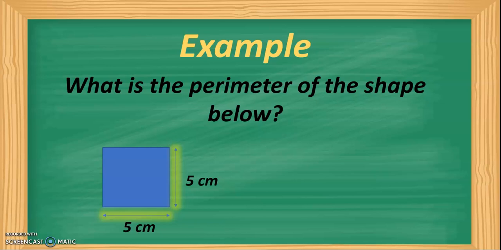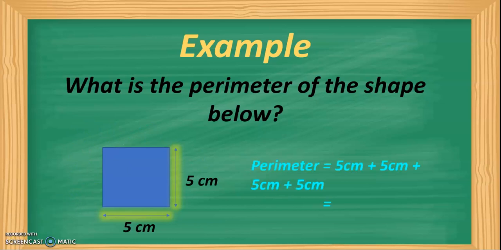Now below, we need to find the perimeter of this shape. Two of the sides are labeled, and it is saying to us that it measures 5 centimeters. Now, if it is a regular polygon, we must know that if one side measures 5 centimeters, all sides measure 5 centimeters.